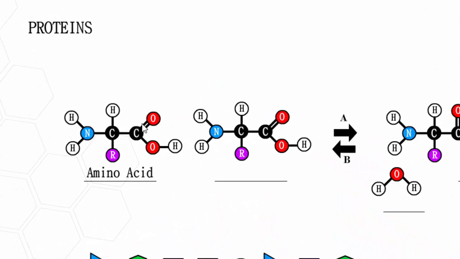This is a representative amino acid, and so is this. Now, in these models, I have drawn carbon in black, oxygen in red, note the double bond, hydrogen in white, nitrogen in blue, nitrogen makes 3 bonds, all right? And this R represents a variable group.